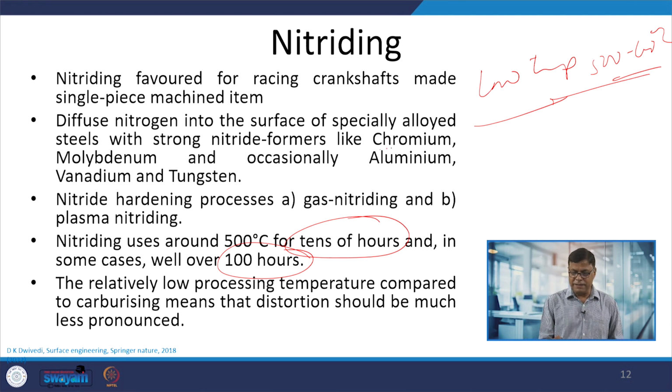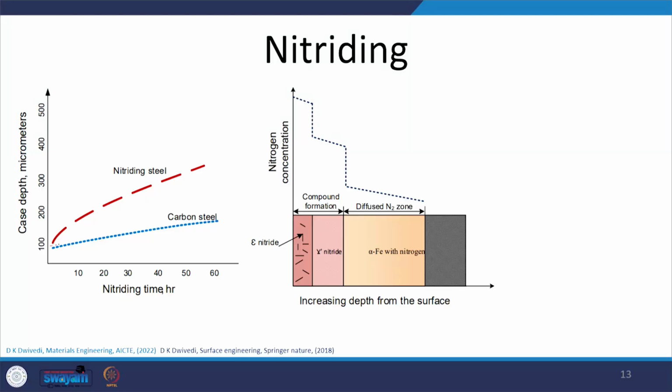These are the elements which, if they are present, will help a lot in enhancing the effectiveness because they are strong nitride formers. They form hard and strong nitrides. This is what happens in case of carbon steels: when only iron nitride is formed, the increase in hardness is limited.